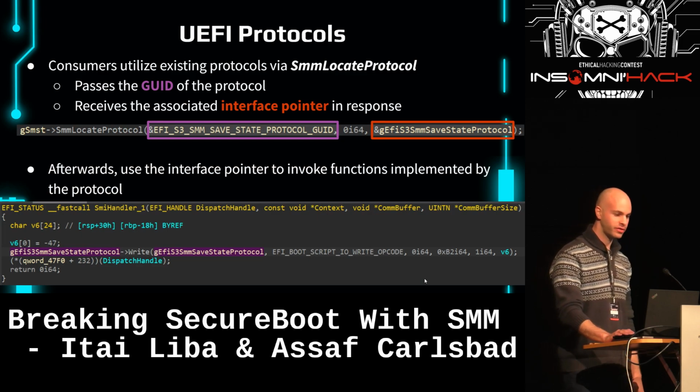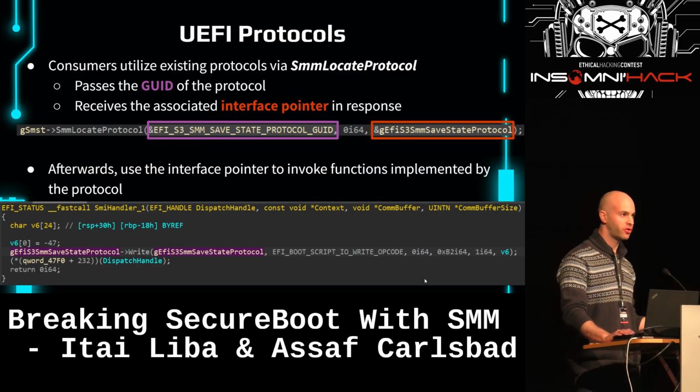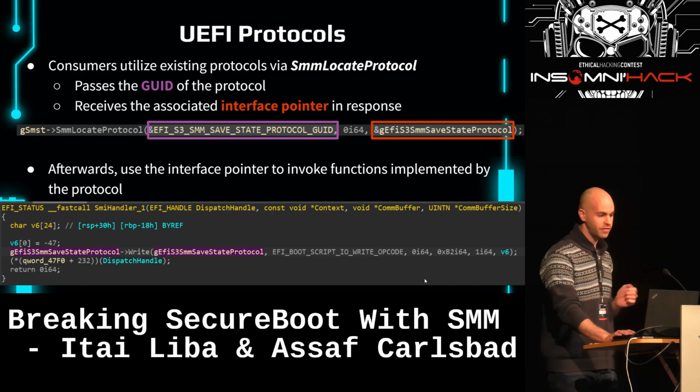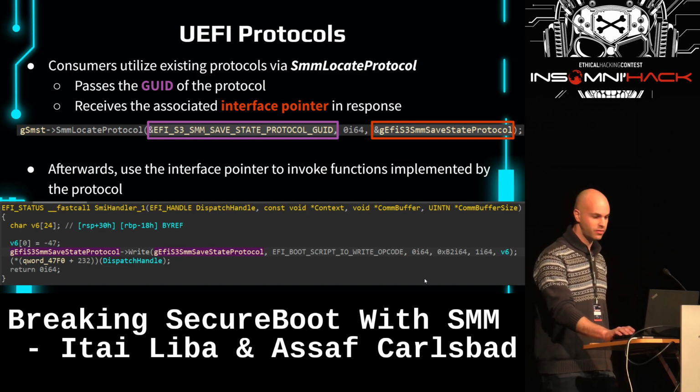If you're a consumer, on the other hand, you utilize protocols installed by other modules, and you use services such as SMM locate protocol to do so. So you pass the GUID of the protocol you're interested in, and as a response, you get back the interface pointer, and afterwards you can use that interface pointer to invoke all the functions associated with the interface.